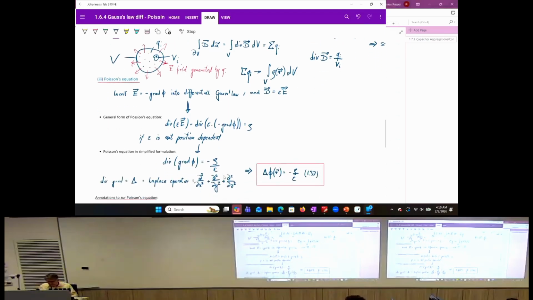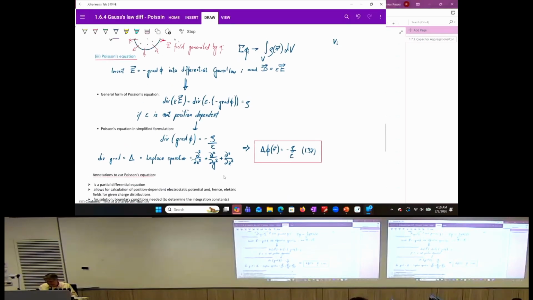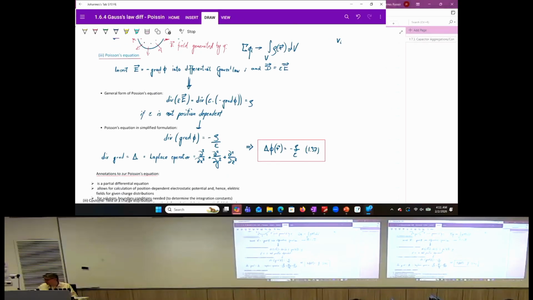And when we do that with the differential formulation, we can also connect that to the scalar potential, and we find, in particular for the case where the permittivity is not varying with position, a partial differential equation which allows us, for arbitrary charge distributions, to find the potential and hence also the electric field.